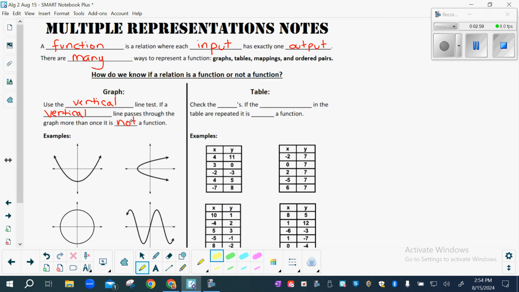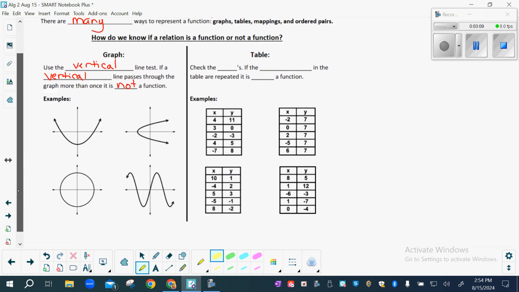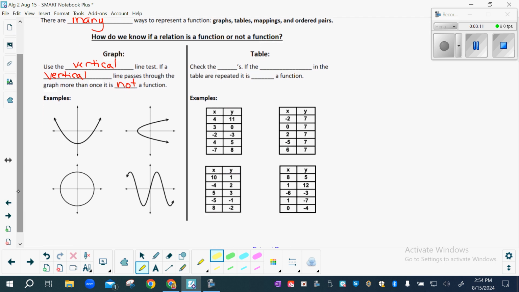So we're going to do the first two here. So we'll do the first one on the top left. What do you think about that? Function or not a function? Probably, or it is, yes. So on your homework, you're going to have to do a short explanation for each one. So what would be our short explanation for that?